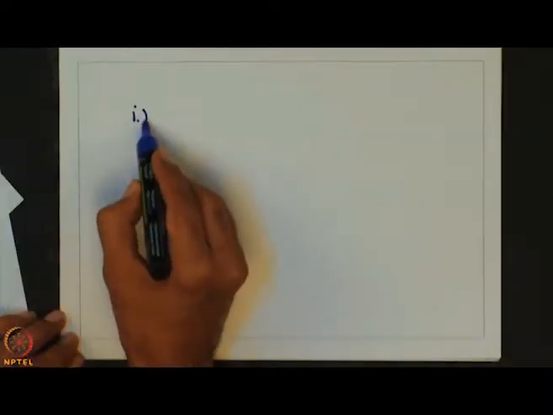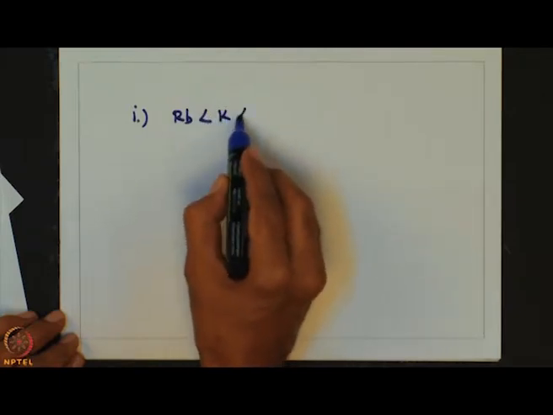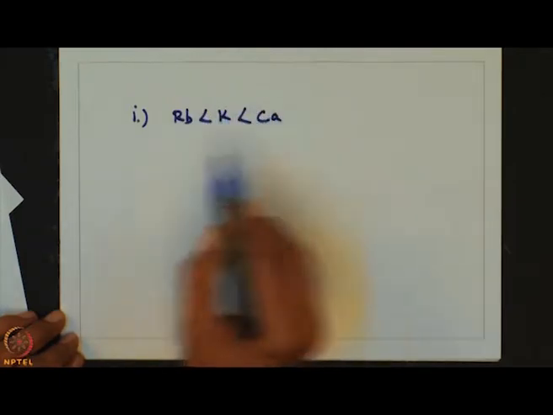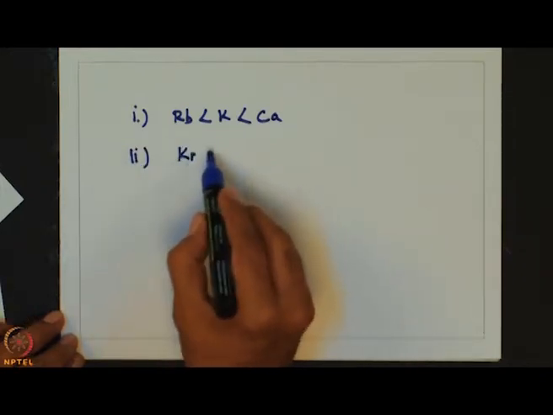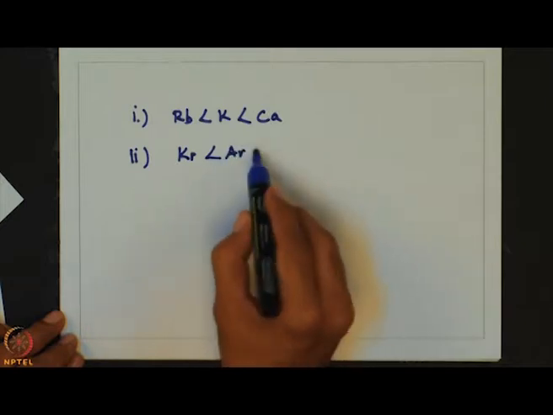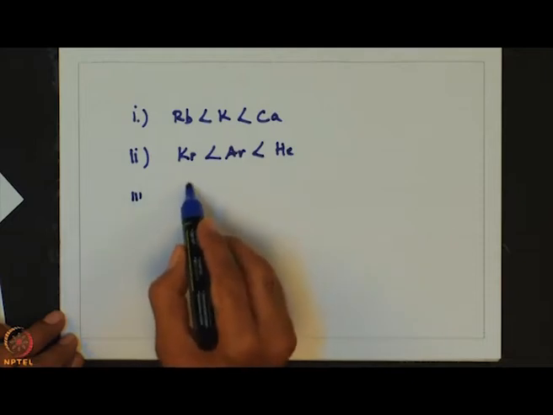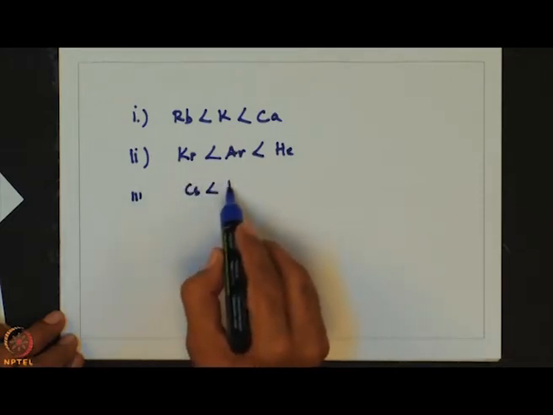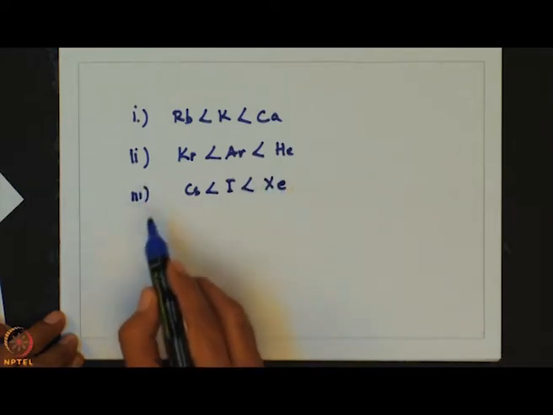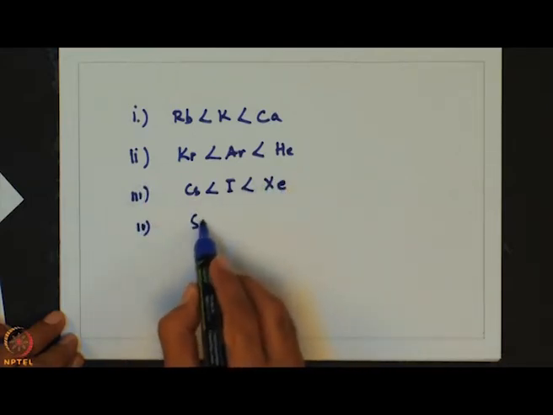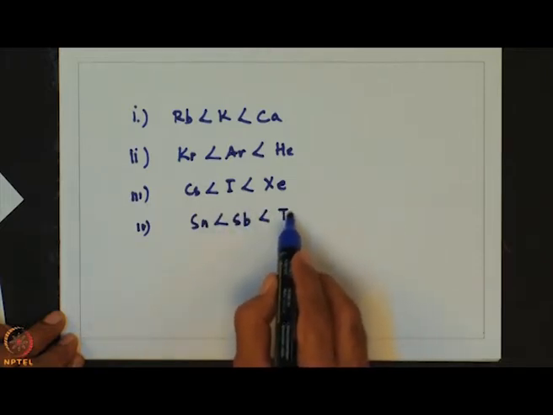First one answer is rubidium, similarly for the second one it is krypton, argon and helium. Third one, cesium is less than iodine is less than xenon, and the last one, tin is less than antimony is less than tellurium.